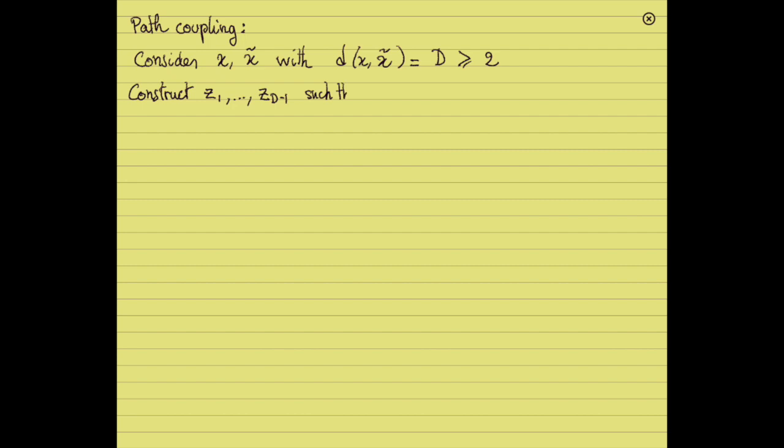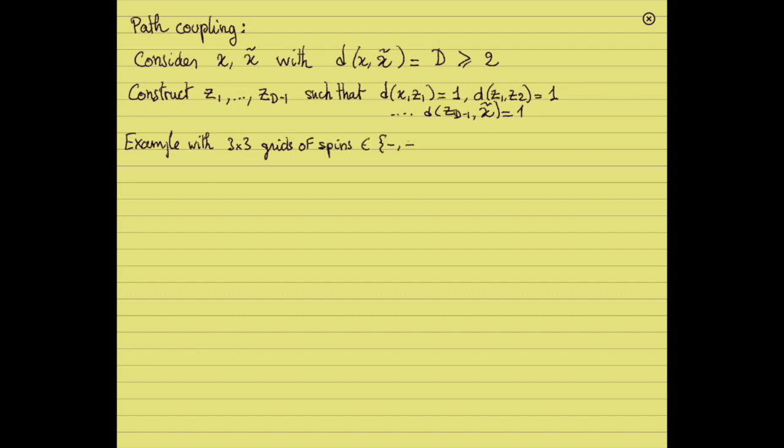We can construct, so that's an assumption, intermediate states denoted by Z that are adjacent to one another. So Z1, Z2 are at distance 1, Z2, Z3 also, and so on, in between X and X tilde. So if we can construct those Zs deterministically given X and X tilde, we will look at an example in the Ising case.